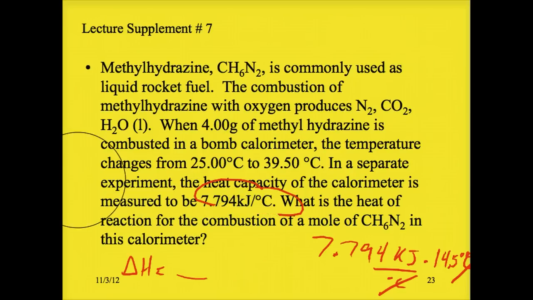Perhaps I should change this up a little bit and say this is the Q. If this is the heat, then my actual enthalpy per reaction will be that value, 7.794 times 14.5, and those are in kilojoules. And it's actually going to be per mole, so I'm going to say 4 grams.